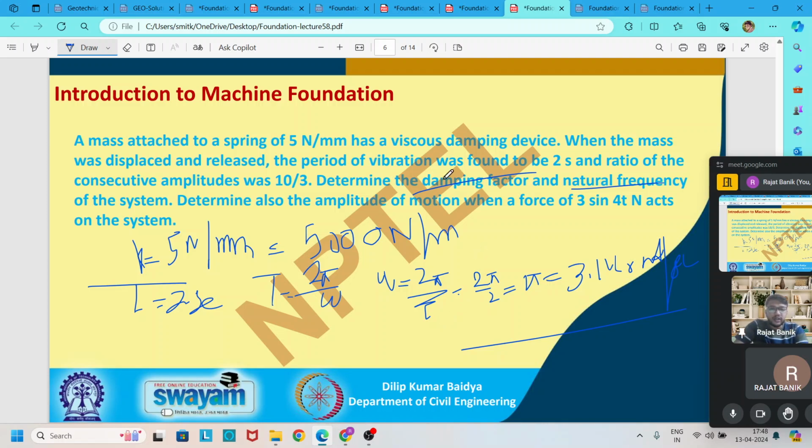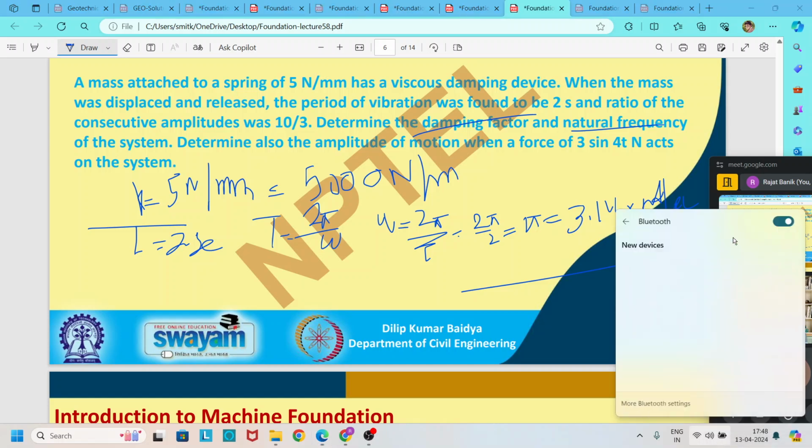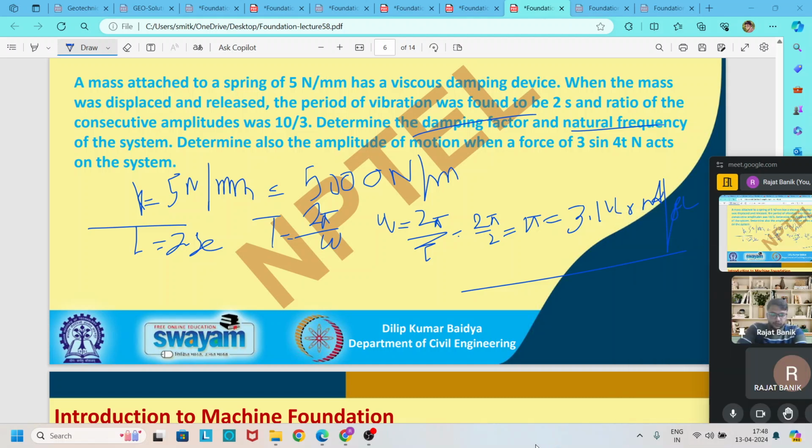Now we have to find the damping factor, that means the damping ratio. For finding the damping ratio, we use the logarithmic decrement equation. So ln of this ratio, which is given as 10 by 3, is equal to 2 pi d.